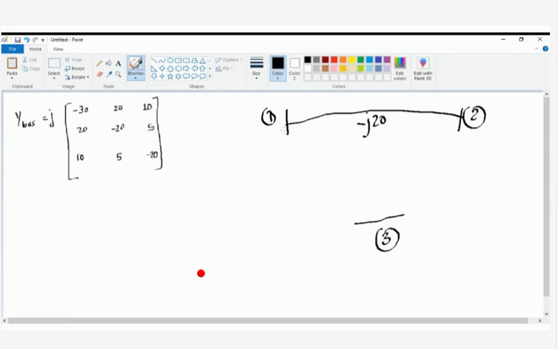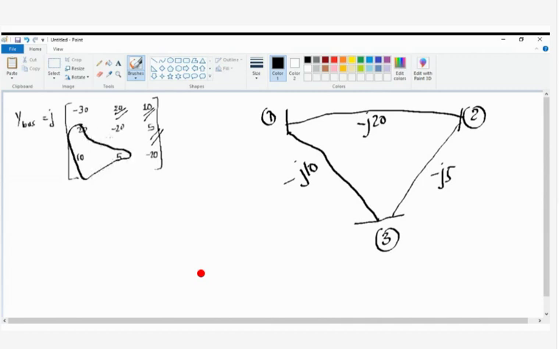Between 1 and 3, there is one line, minus J10. And between 2 and 3, there is one line, minus J5. So this represents the admittance of the line between 1 and 2, between 1 and 3, and between 2 and 3. Since it's symmetric, these values are fine.